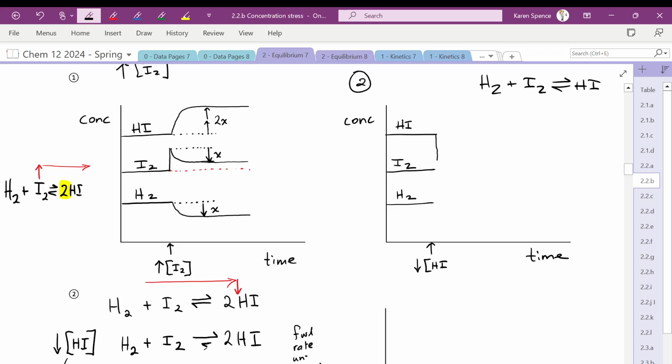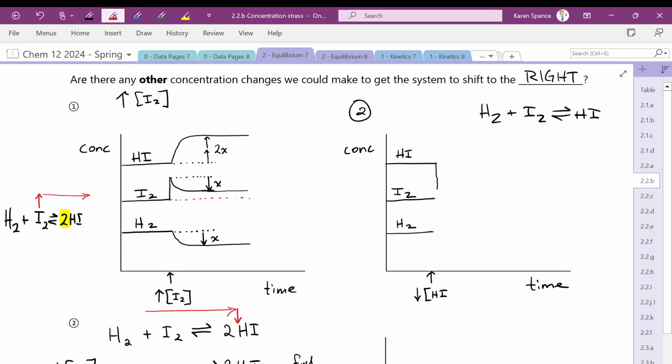Remember, I have a decrease in the concentration here. So that means my forward rate is faster than my reverse rate, which means I'm going to be making more HI. Okay, so the concentration of HI is going to go up again. And it's going to go up quickly at first, and then it's going to slow down, and then it's going to level out before it gets to its original concentration.